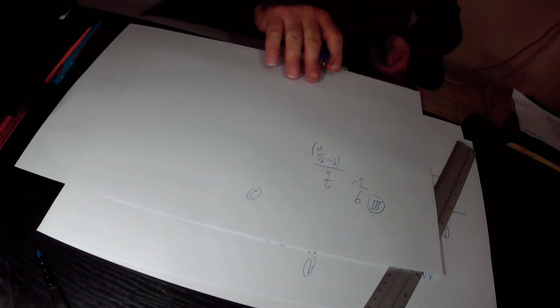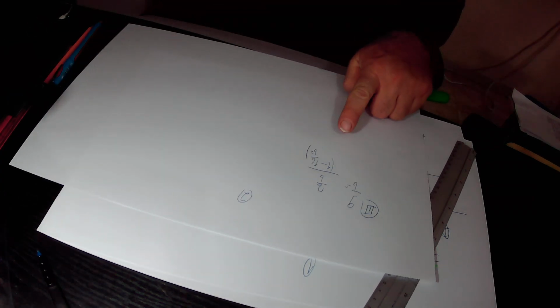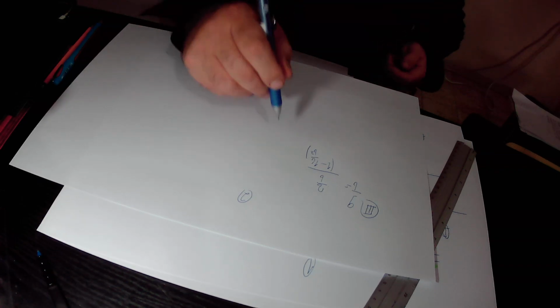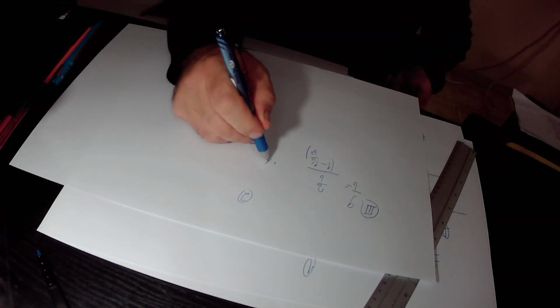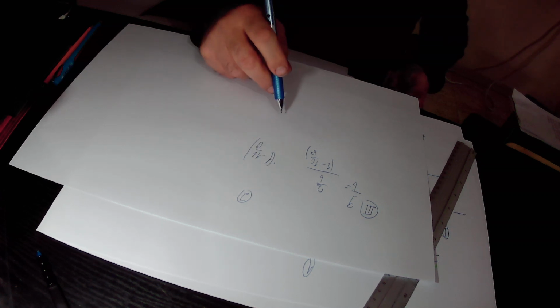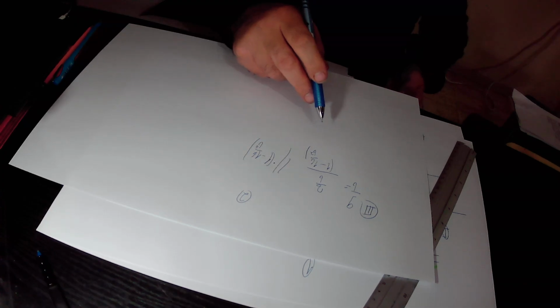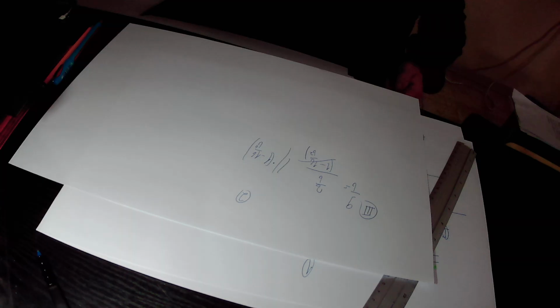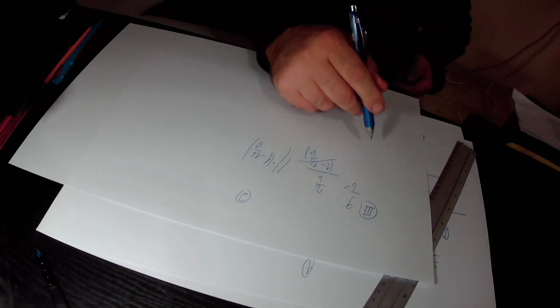Here we multiply this equation 3 by 1 minus 16 over b squared. So this expression gets cancelled on this side of the equation.